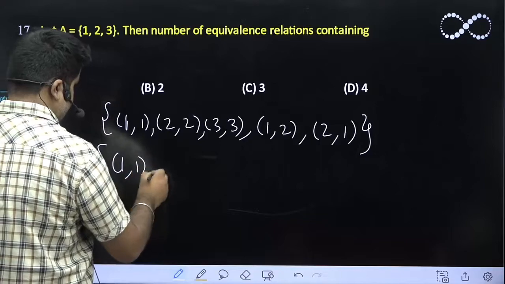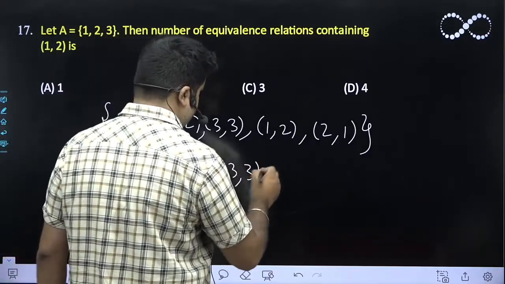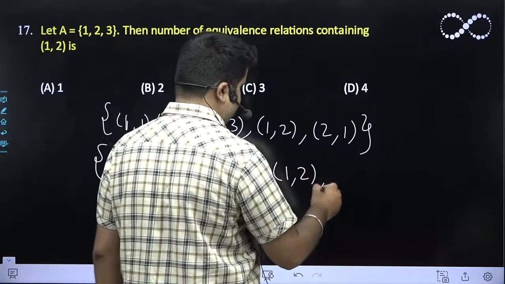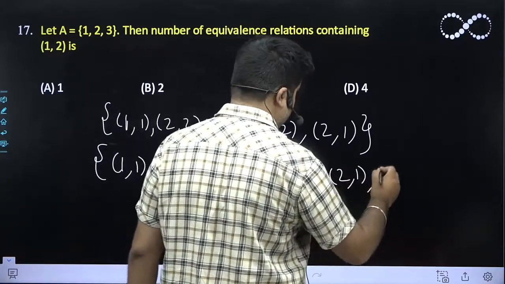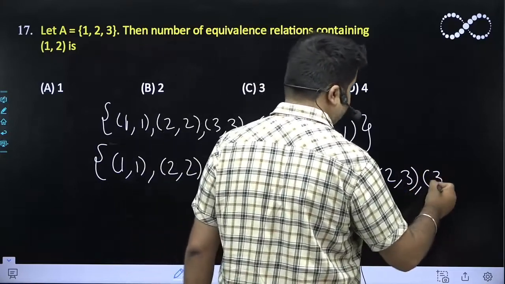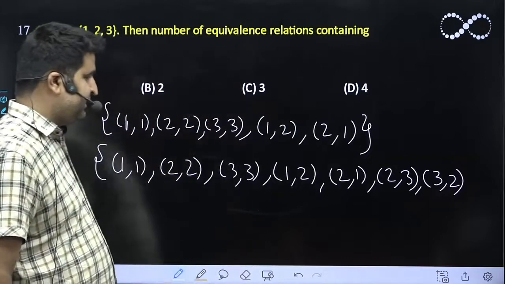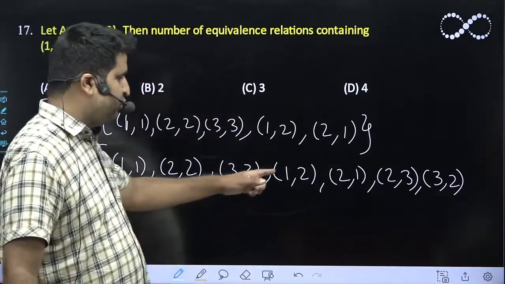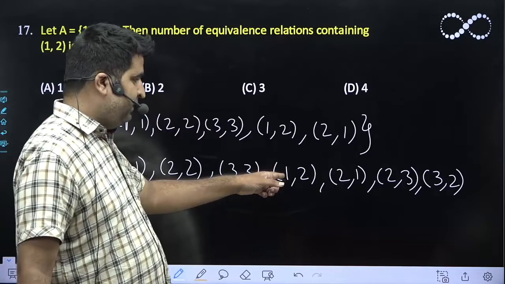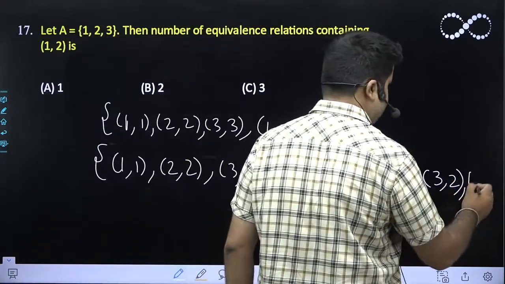Now, what will be the second case? What can we add here? Let's add (2, 3). If you add (2, 3), you will have to add (3, 2), right? This is necessary. Now if you have (1, 2) and (2, 3), you will have to add (1, 3) as well.